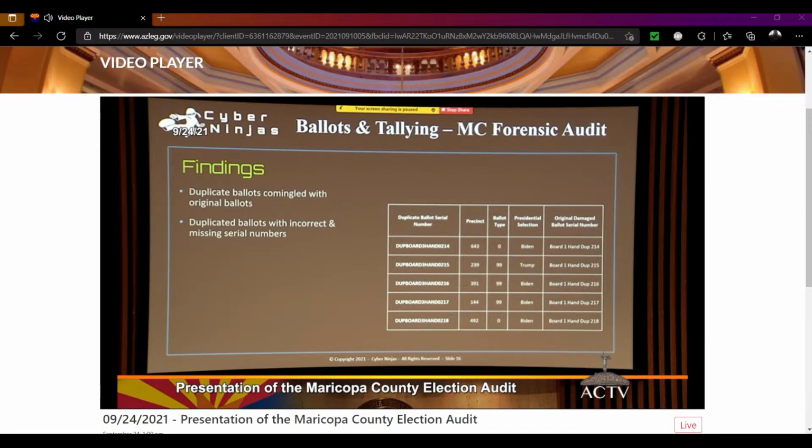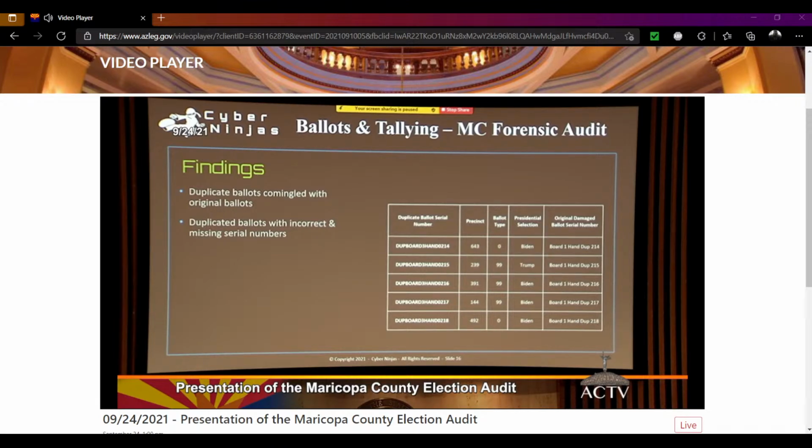If you take a look at this table that's showing up, you'll notice the serial number on the left is what was actually on the ballot, for the duplicate ballot. And the serial number on the right, board 1 hand dupe 2114, is what was actually on the original damaged ballot. You'll notice the numbers are actually different.